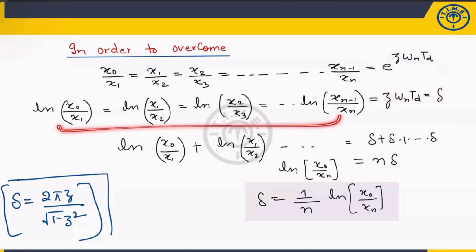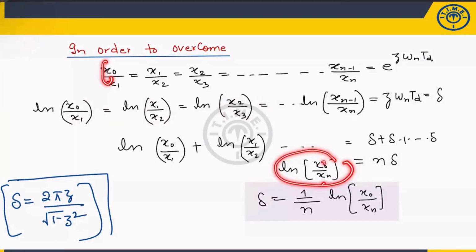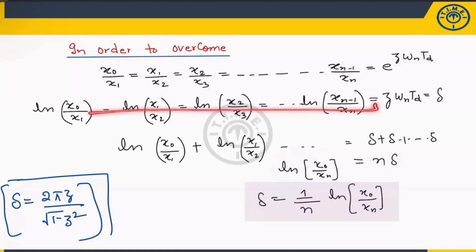If I add all these terms, can I write this is delta, this is delta, this is delta? So we will get n delta, which will be equal to ln x0 by xn. That means from the first term to the last term, it will be equal to n into delta, because all are equal. So the delta value can be written as 1 by n ln of x0 by xn.